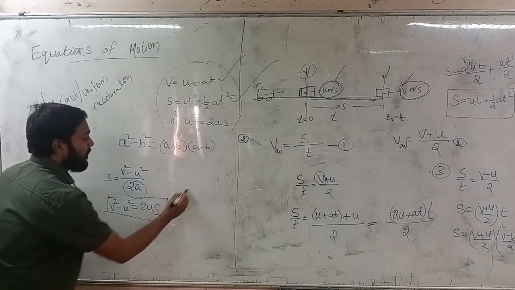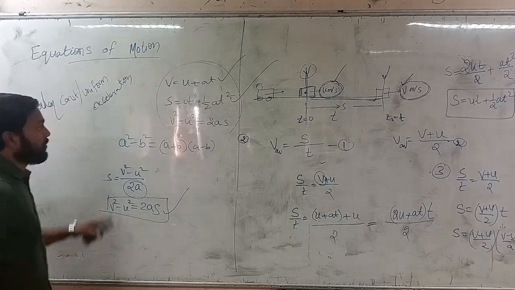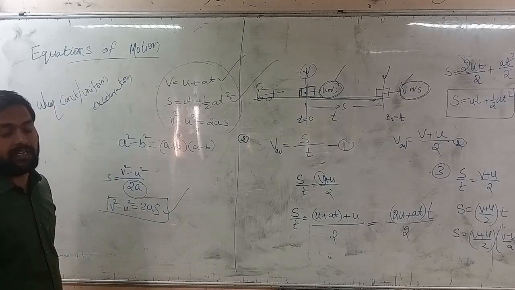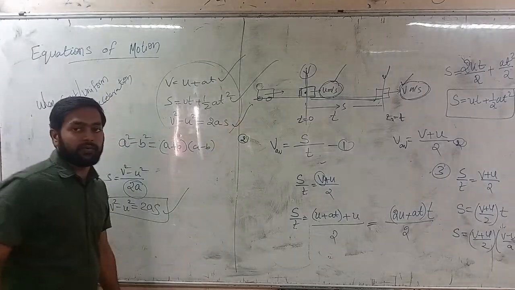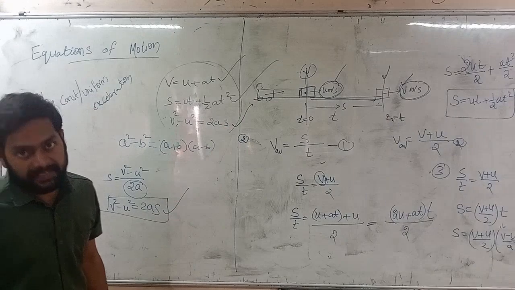So we got the third equation of motion: V square minus U square is equal to 2AS.